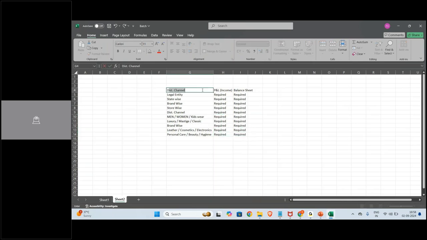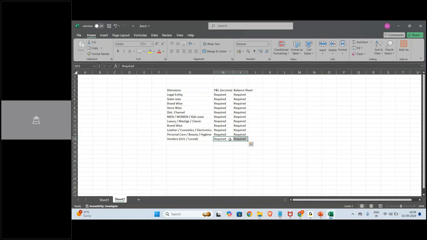I will call this dimensions. I can add a couple more. They also needed vendor wise. They have some premium vendors like HUL and L'Oreal. All these things. They needed both balance sheet and P&L.